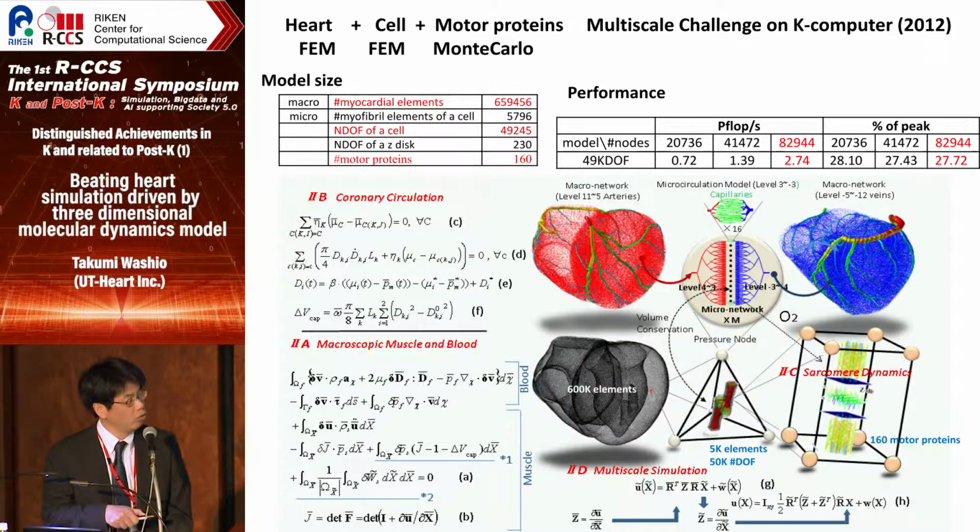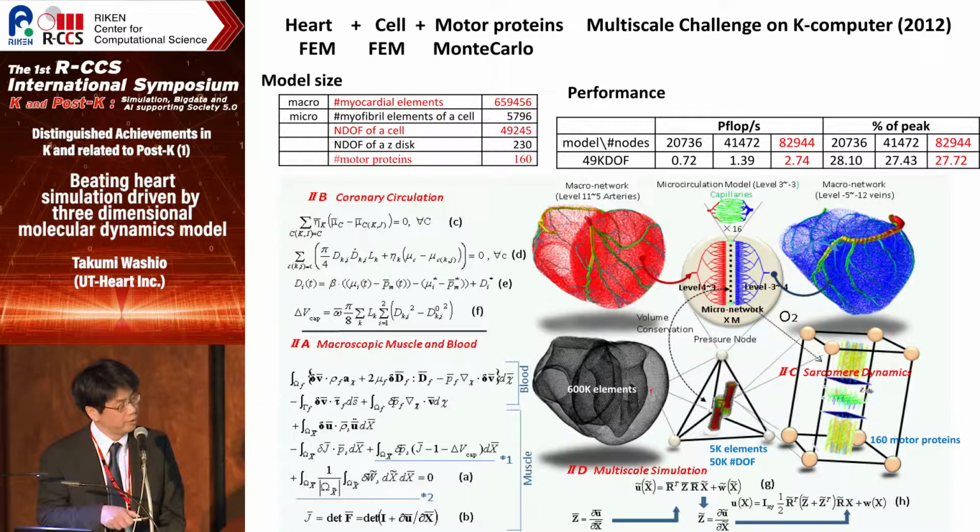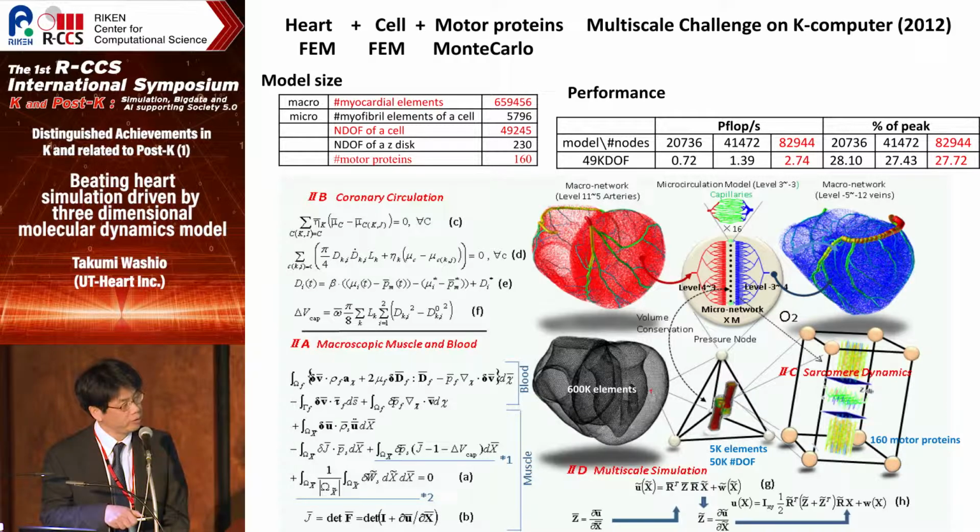In this implementation, this heart cell model is assigned to 1 core of K-computer, so there is no communication and synchronization overhead up to this mesoscale computation. And this mechanical problem is dealt with as a nonlinear system and solved by Newton-Raphson iterations.